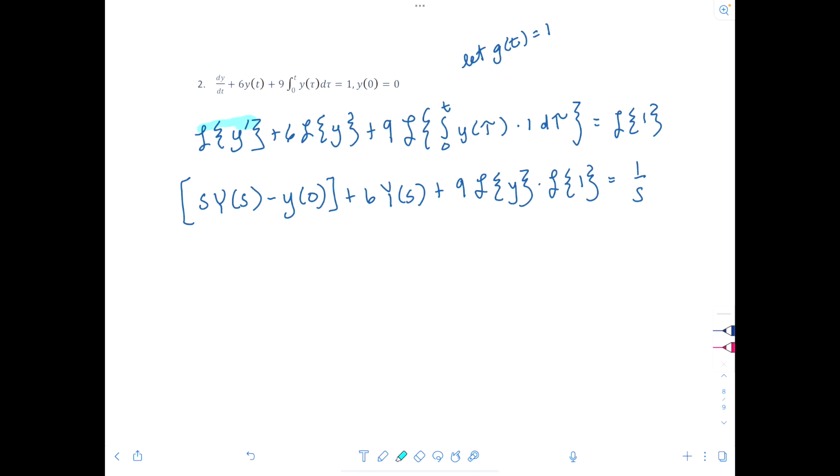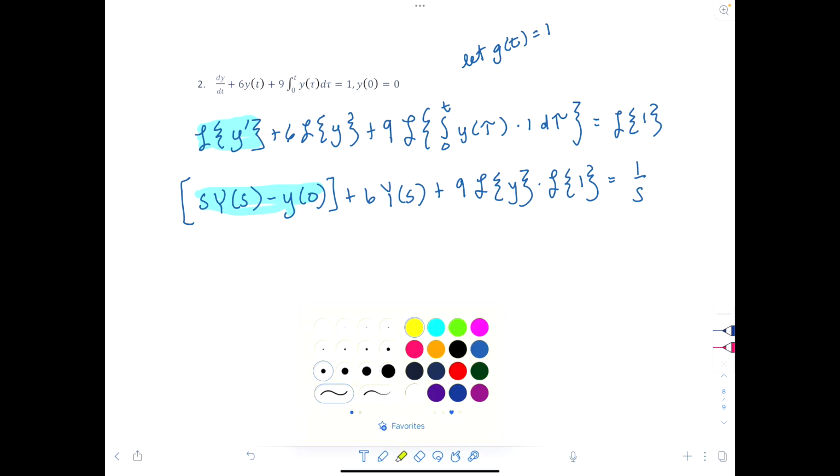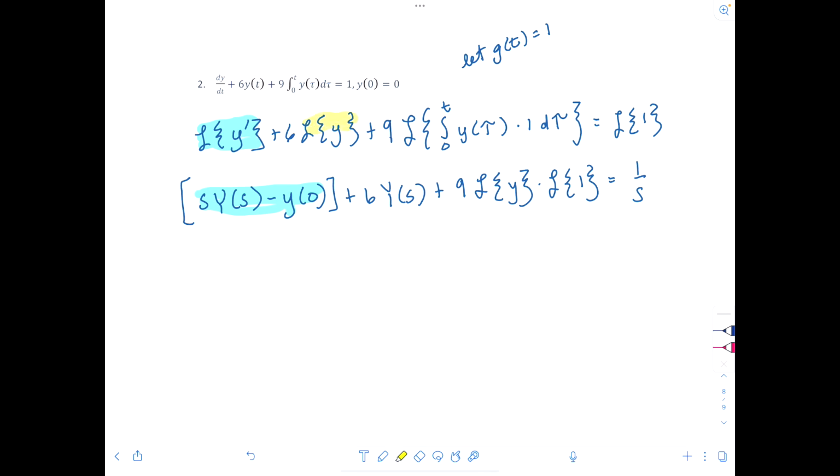Remember, L{y prime} is equal to this. L{y} was equal to capital Y(s). And then all of this stuff is this. Groovy? Okay, so continuing.